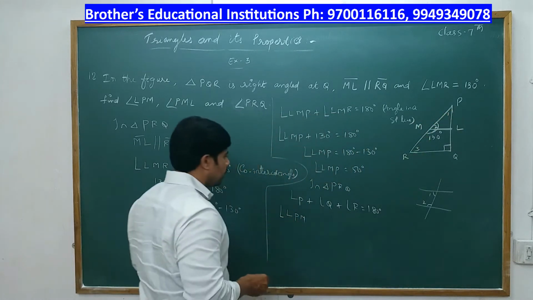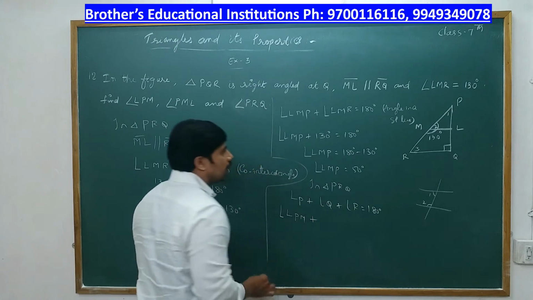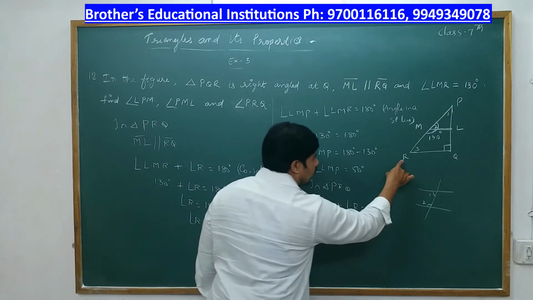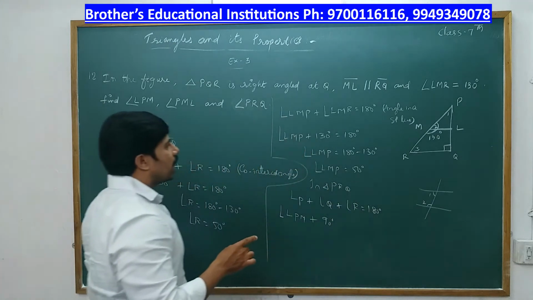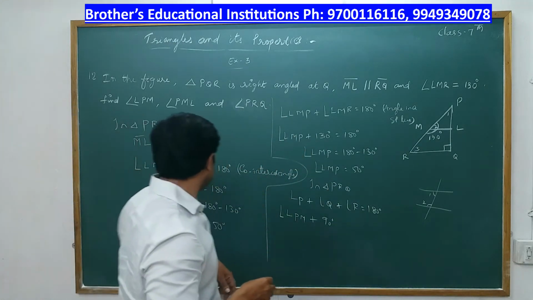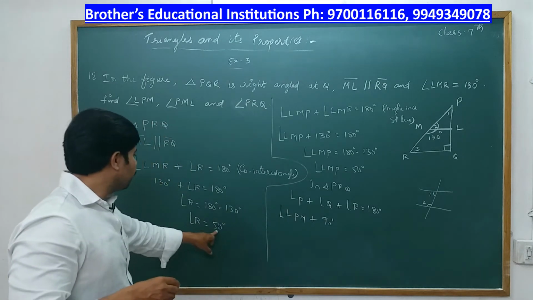So write LPM plus angle Q. Angle Q is 90 degrees. Now what is angle R? Angle R is 3, nothing but angle PRQ, which is 50 degrees.